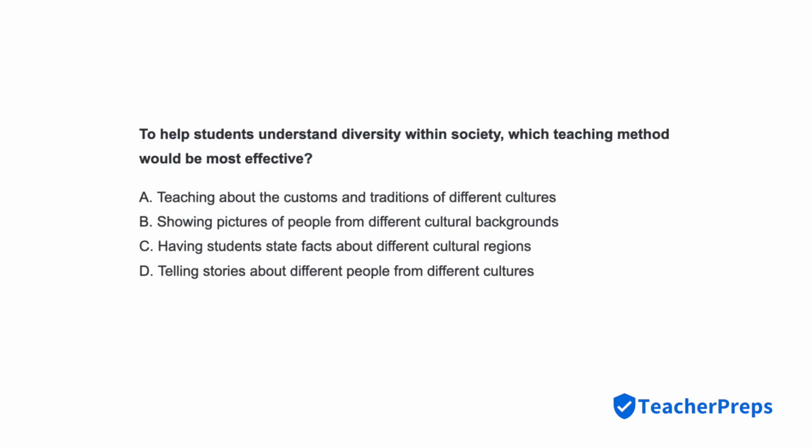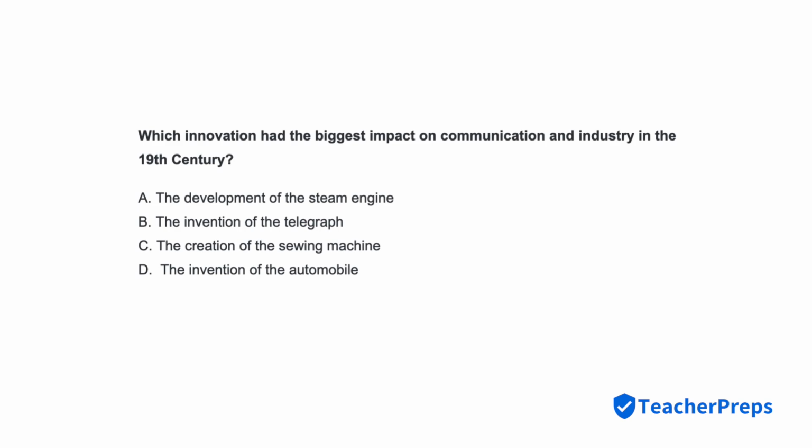To help students understand diversity within society, which teaching method would be most effective? Correct response? Letter A, teaching about the customs and traditions of different cultures. Which innovation had the biggest impact on communication and industry in the 19th century?